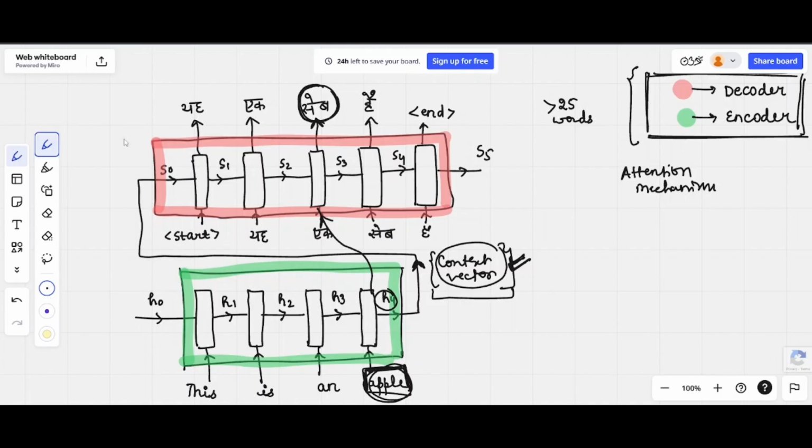Or it would have been better if we can provide only those necessary hidden states that are actually helping in translation or providing that output, because that is how we humans also translate, right?